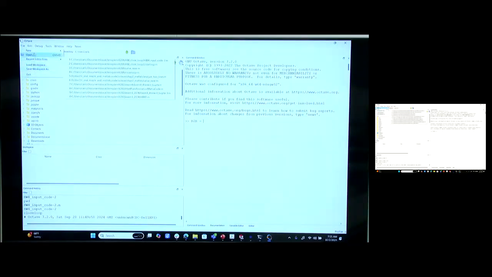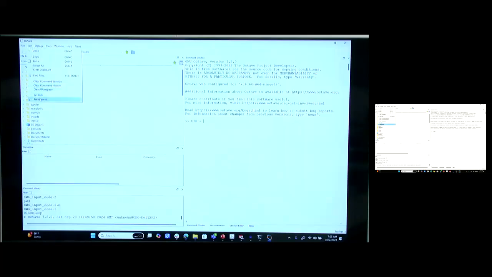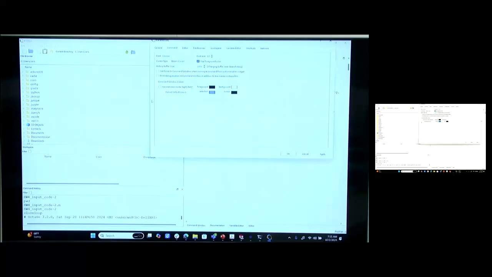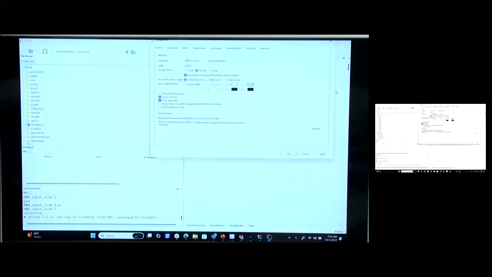I just want to see if I make the text bigger so you can all have a chance of seeing it. Control and scroll the mouse?